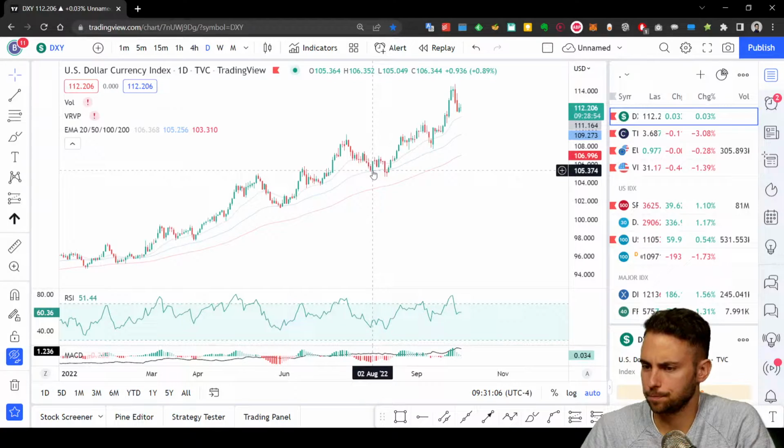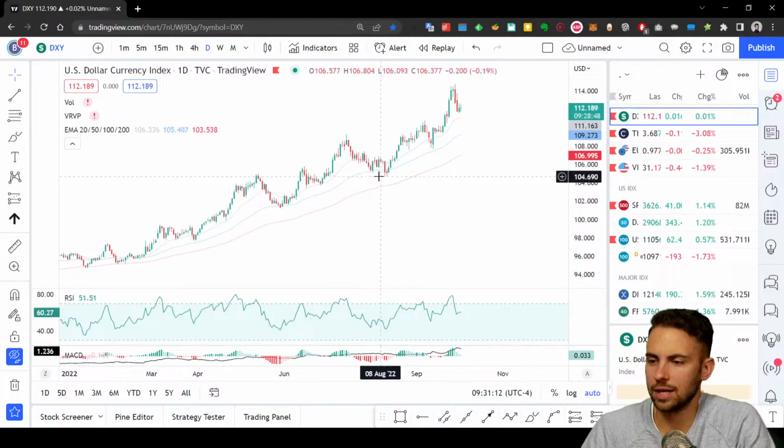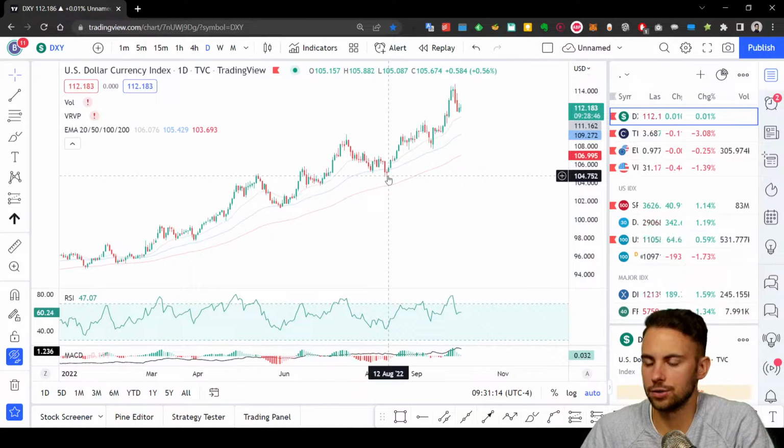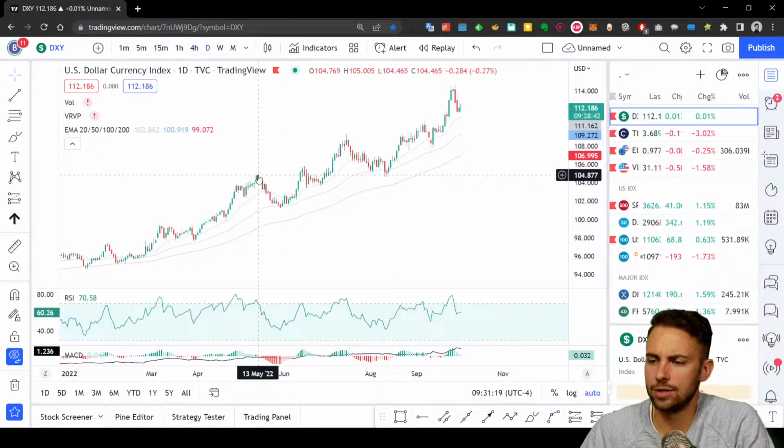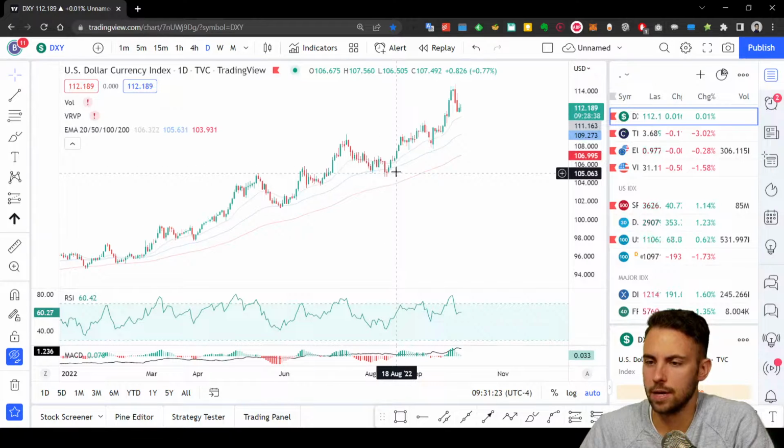That has been met once, met twice, and after the second time, when the convergence of the 100 EMA and this resistance turned up, we found a rebound.